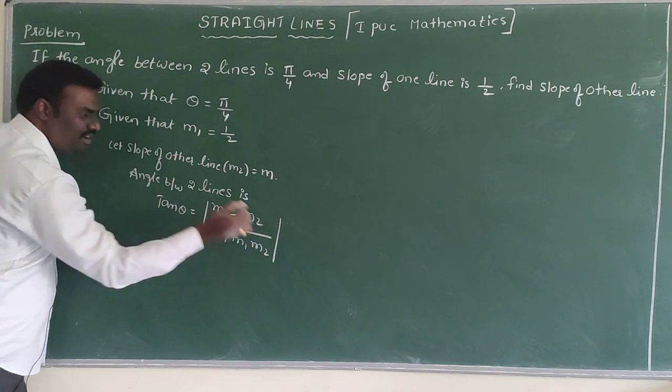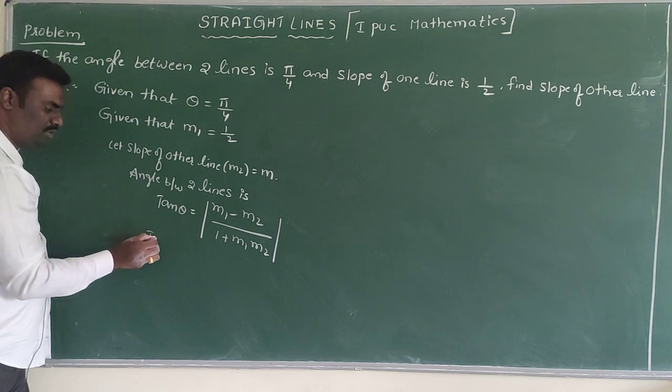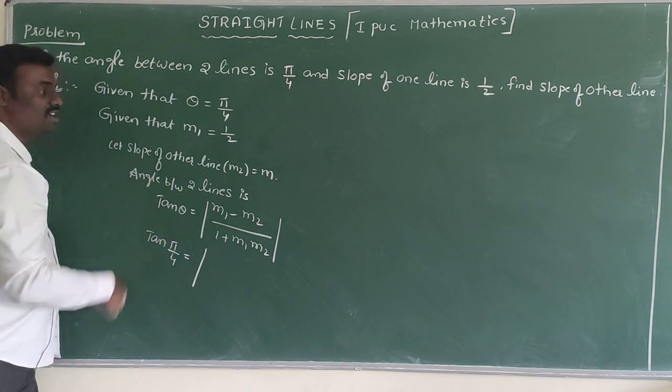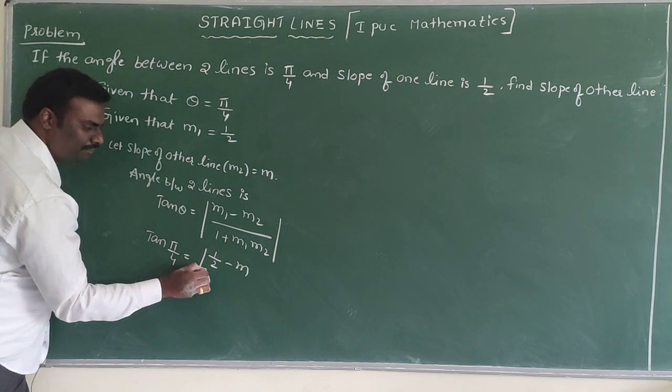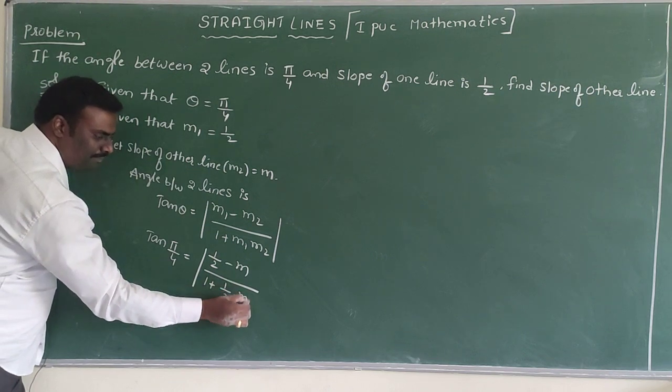This is the formula for the angle between two lines. Theta is given as pi by 4, substitute: tan pi by 4 is equal to the modulus of m1, which is 1 by 2, minus m2, which is m, divided by 1 plus 1 by 2 into m.